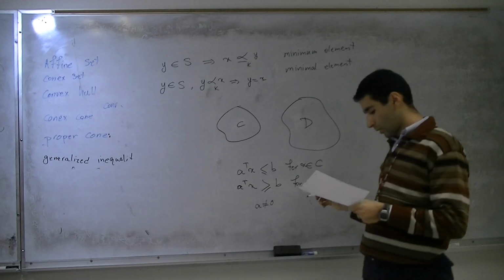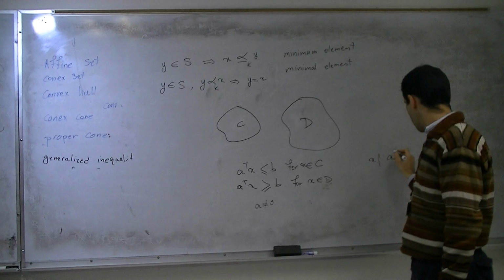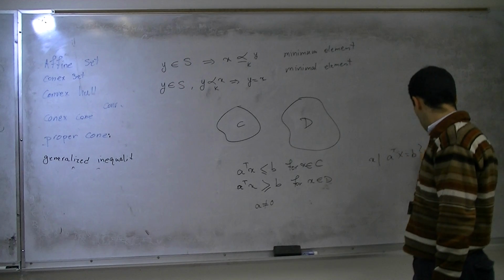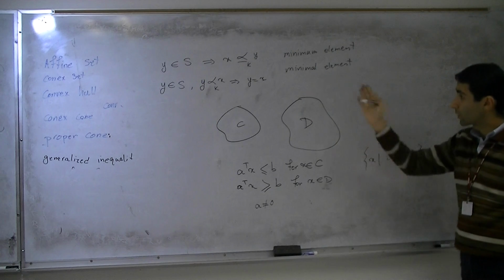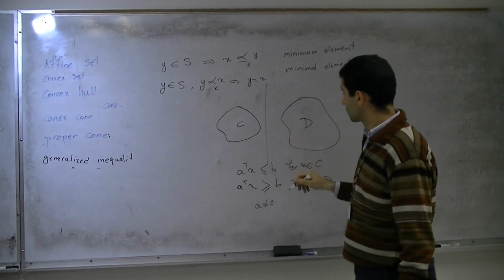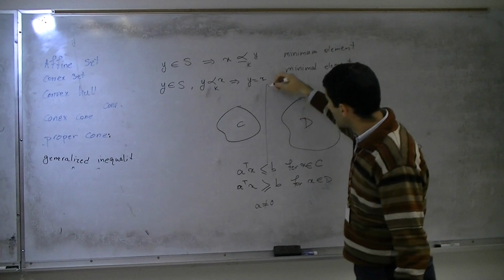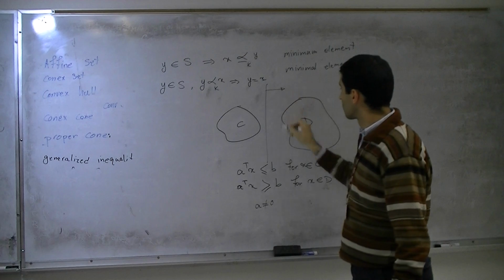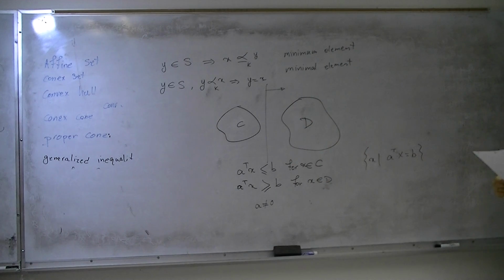Therefore, all points X that satisfy A transpose x equal to b form a separation hyperplane between C and D. And for example, I can define A as a normal vector.